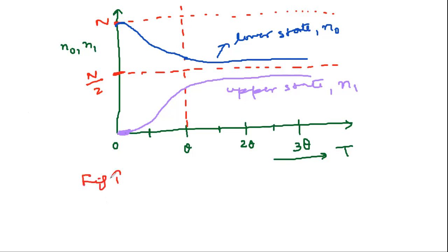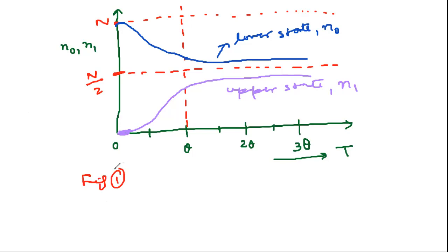It is the dependence of occupation numbers for the two states of this system, which we call spin-half solid, in thermal equilibrium with temperature T, right?